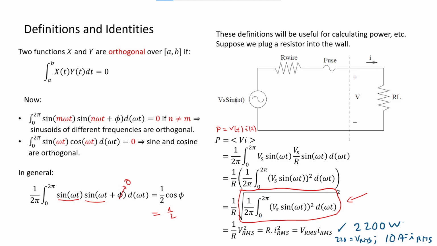And if the root mean square of the current is 10 amps, then you get power of 2.2 kilowatts. So when you quantify voltage and current for an AC source, you always use the term root mean square. But you didn't know that before.